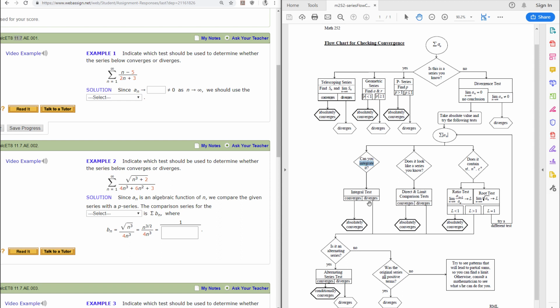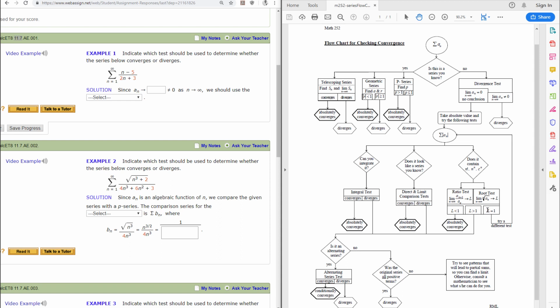Well, if you can integrate it, you do the integral test. If it looks like something that you know, very close to it but not exactly, then you could do a limit comparison test or a regular comparison test. If it contains a factorial, a power, or anything like that, you might be interested in using the ratio test or the root test.